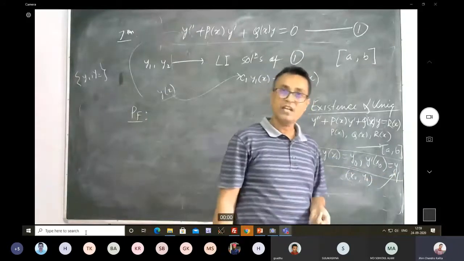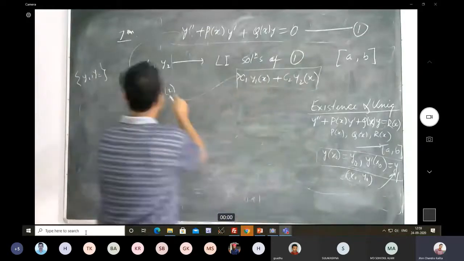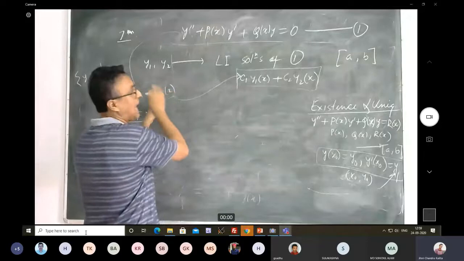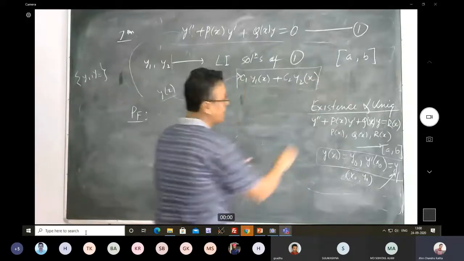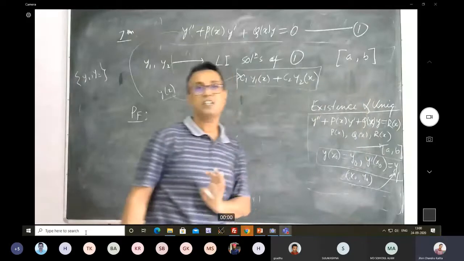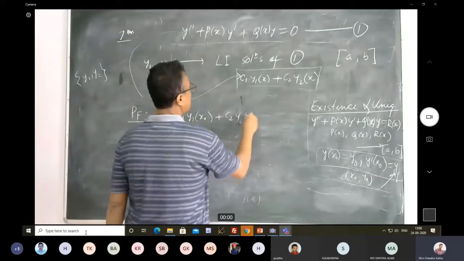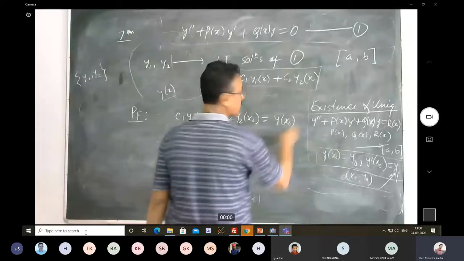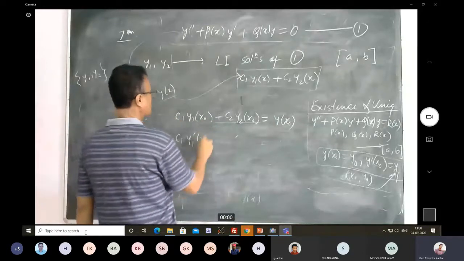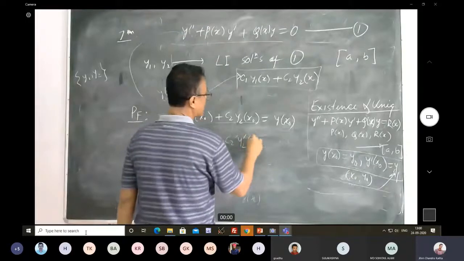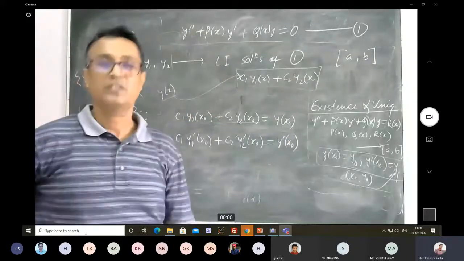Now, for any solution y(x), if I am able to express that as a linear combination of this, then what I must have, if I want the solution to be uniquely determined, is C1 y1(x naught) plus C2 y2(x naught) must be equal to y(x naught), and then C1 y1 prime(x naught) plus C2 y2 prime(x naught) must be equal to this, isn't it?